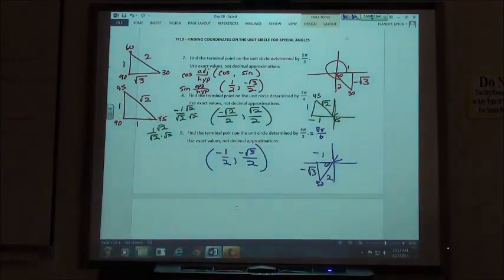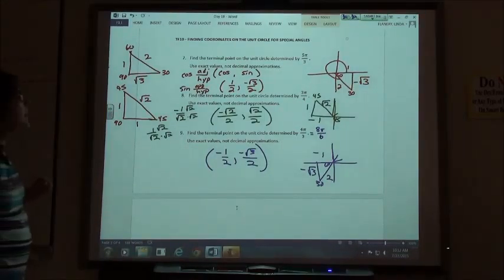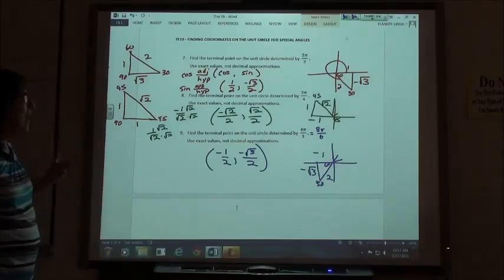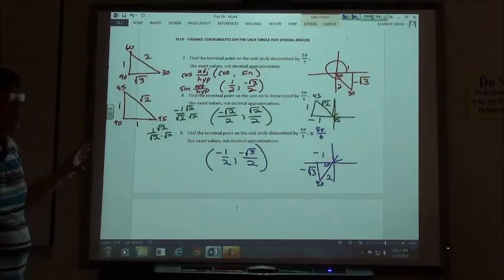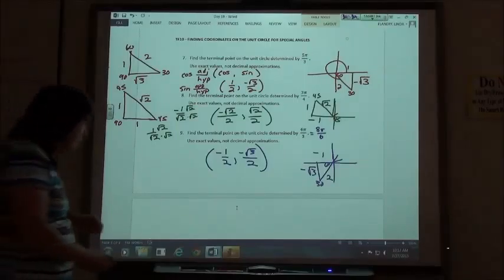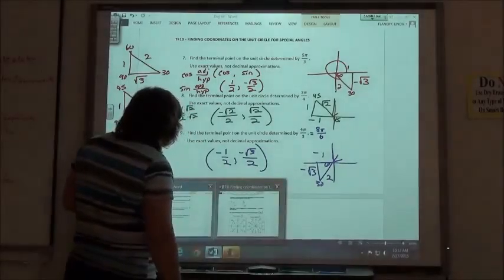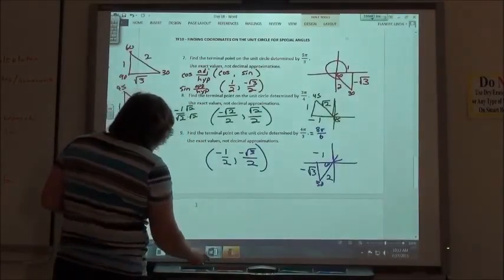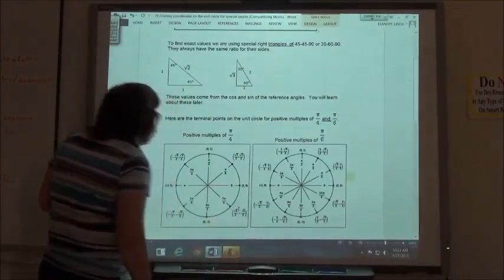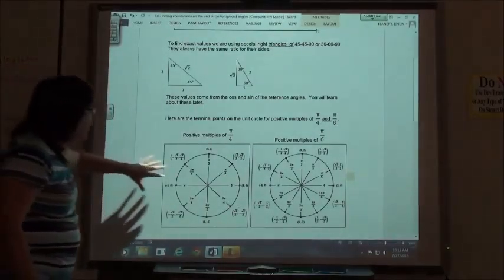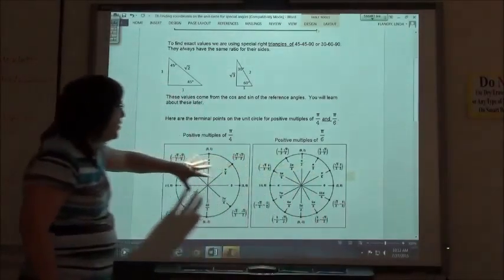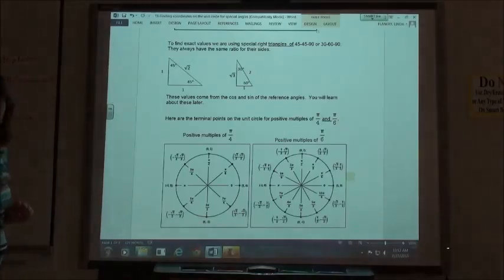Now I did those all by drawing my reference triangles and knowing all those things about sine and cosine. On Alex, for right now, they're going to have the information kind of drawn out for you on a table. So if I go over to Linda's note sheets, on the Alex program, they're going to have these nice little tables for you.